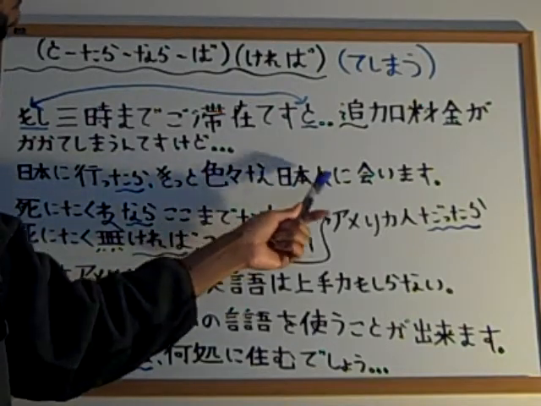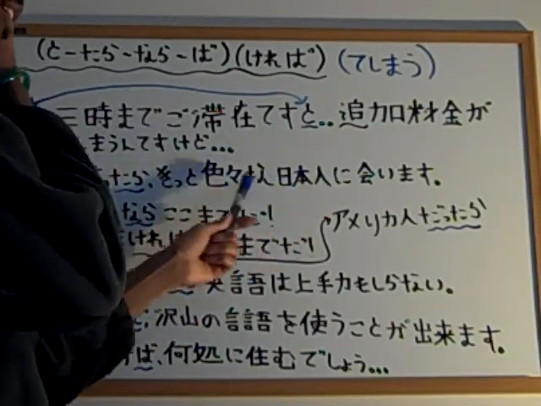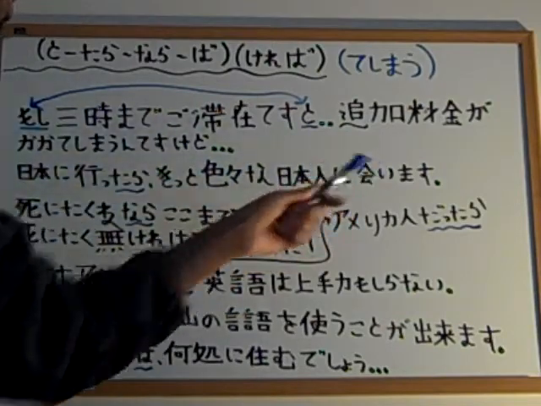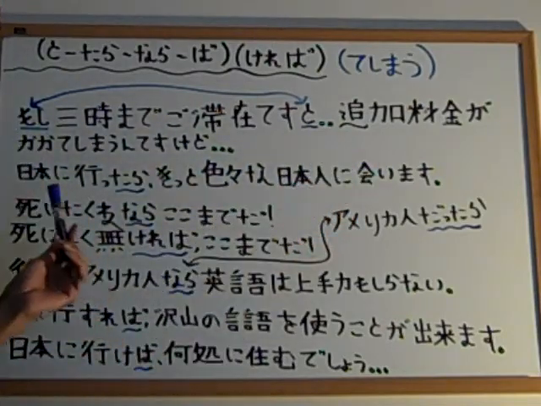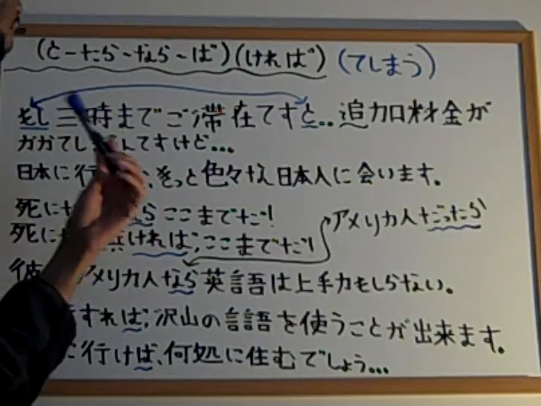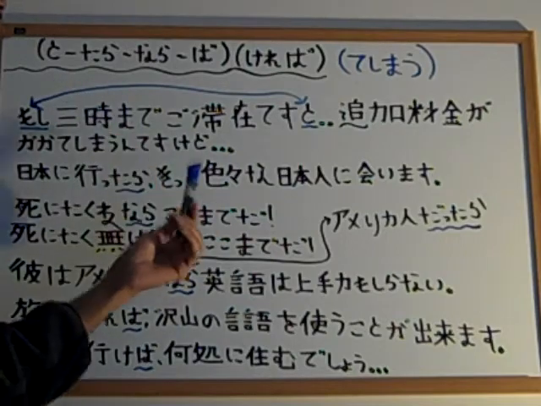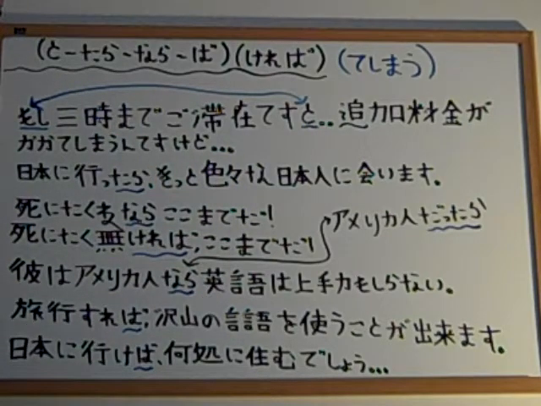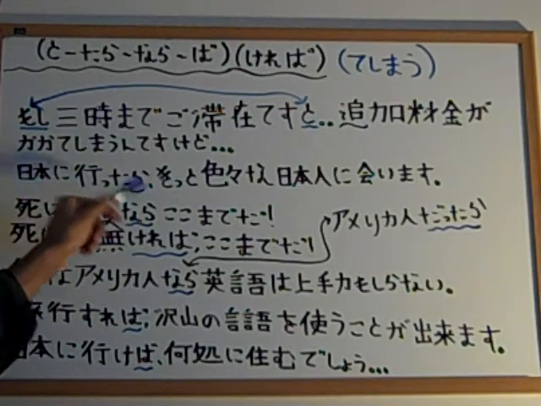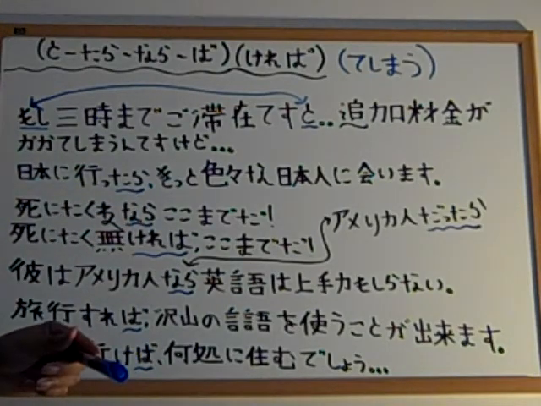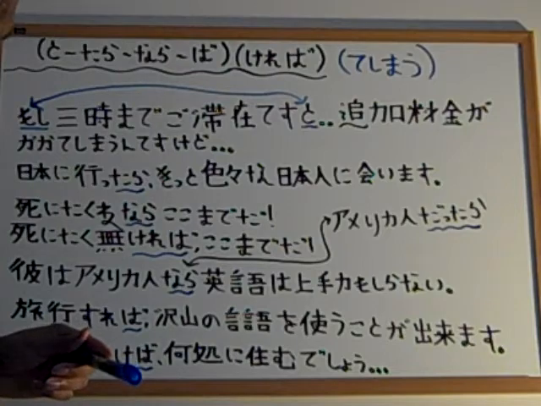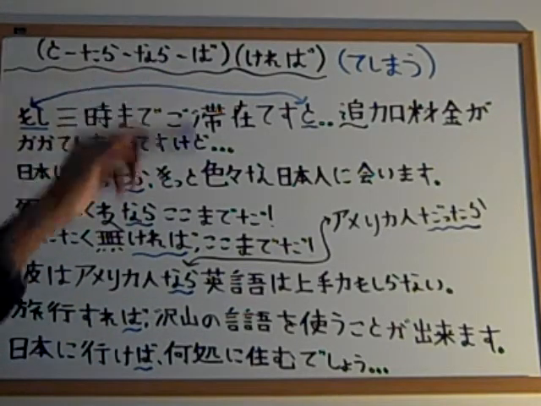Kitto iroiro na Nihonjin ni aimasu, for sure I will meet various Japanese people. So if I go to Japan, I will certainly meet various Japanese people. So tara, itara. Okay. Do they have any other examples with tara? No, that's it.